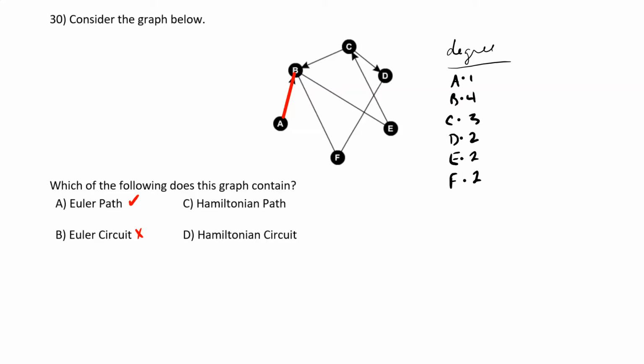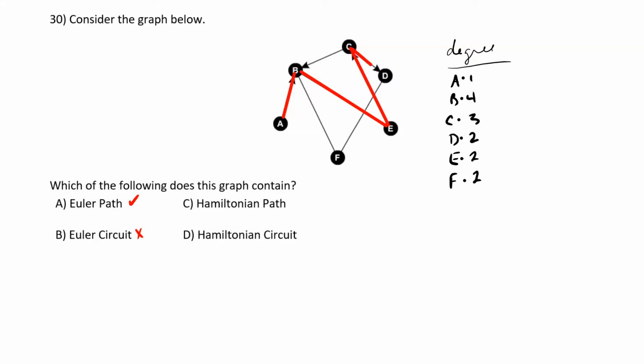My objective, remember, is to get to every vertex once, but only once, so I can't repeat any vertices. So I'm going to go down to F, from F to D. However, at that point, I'm now running into a directed edge, so I can't go that route. Alternatively, I can go from B to E, and from E up to C. If I go C to B, I'm repeating an edge, so that doesn't work.